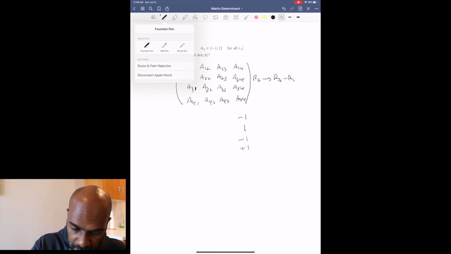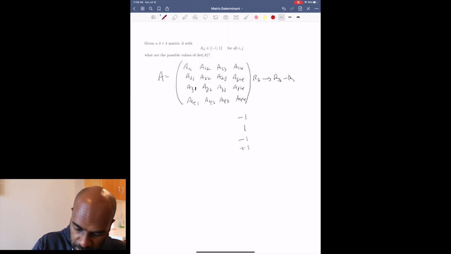So we have a situation that looks something like this. We're either subtracting 1 from a -1, or subtracting 1 from a 1, or adding a 1, because we're subtracting a -1. So we're either going to be left with a -2 or a 0 or a 2 in the entry.